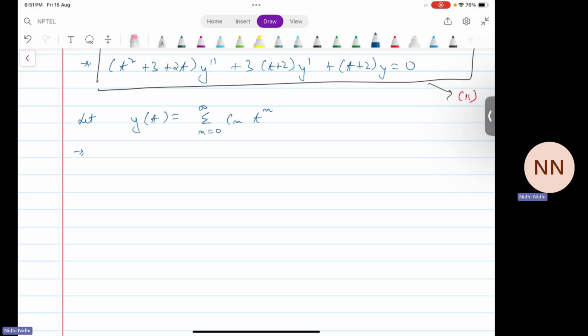This implies y dash t is summation n from 1 to infinity n cn t^(n minus 1), and y double dash t is equal to summation n from 2 to infinity n(n minus 1) cn t^(n minus 2).